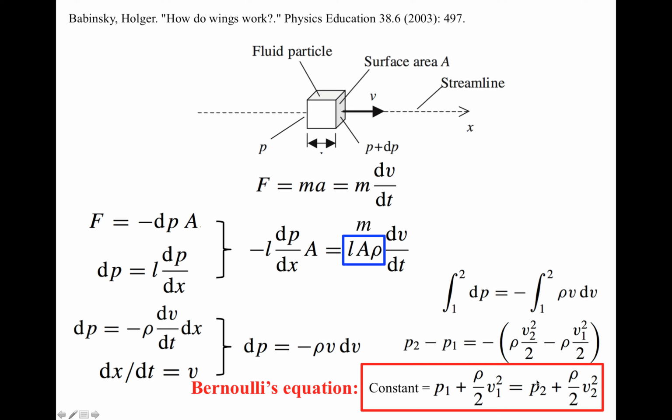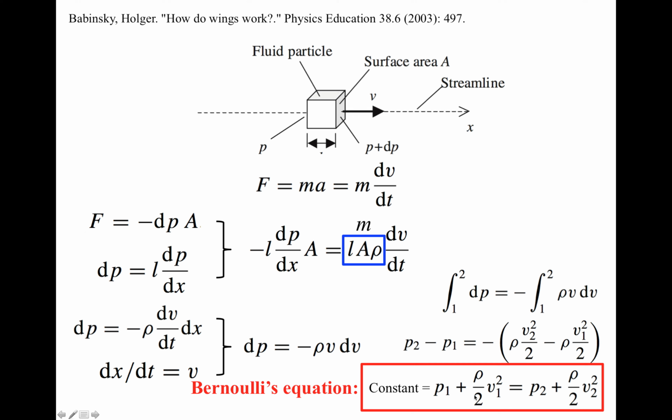Right? And because these two points, 1 and 2, these two locations are arbitrary, this particular quantity must be a constant along the same streamline, right? Because position 1 and position 2 are two arbitrary positions.